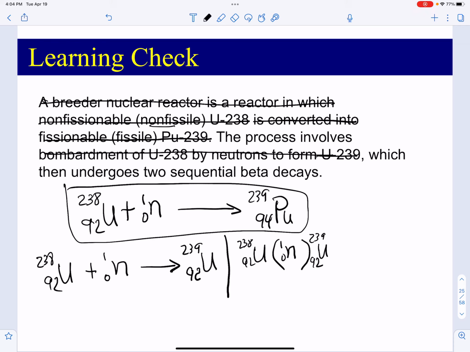However, it tells us that after that, the 239 undergoes two sequential beta decays. So uranium-239 is going to decay by a beta decay, which is -1, 0. So this will have to be 93, 239, and 93 is going to be neptunium, Np.